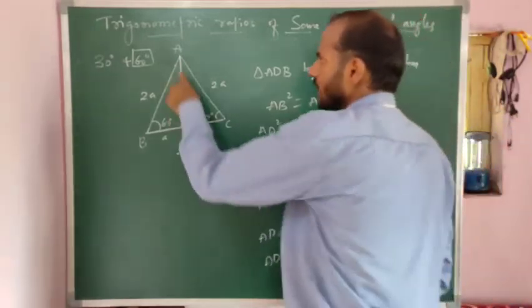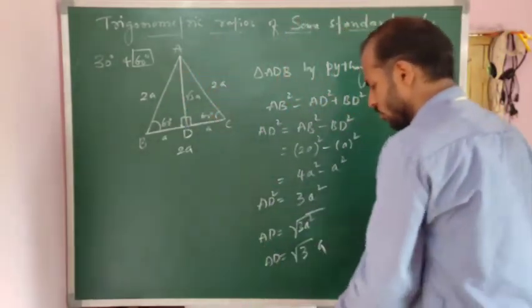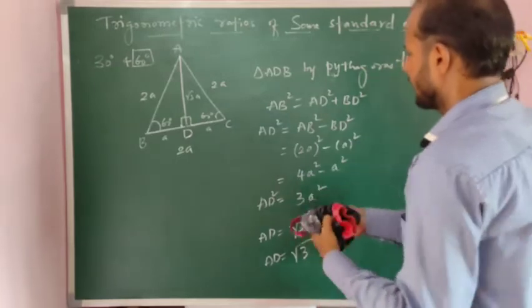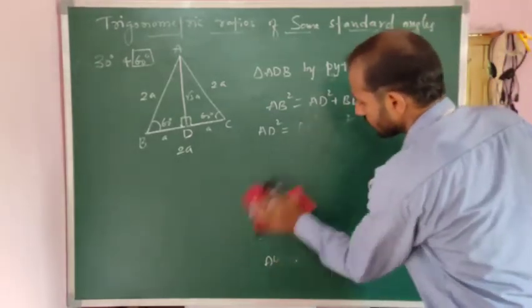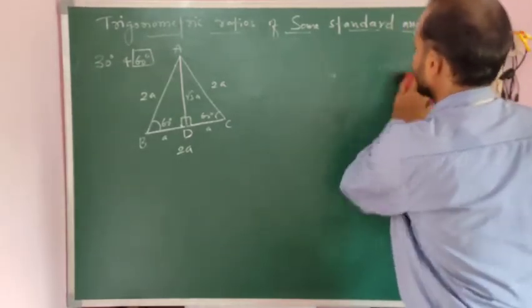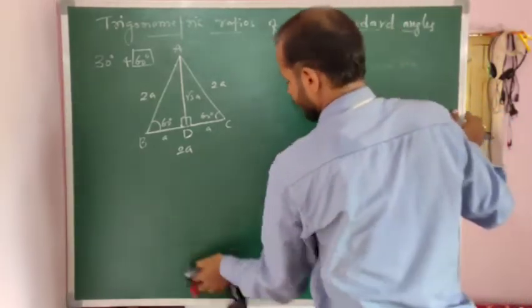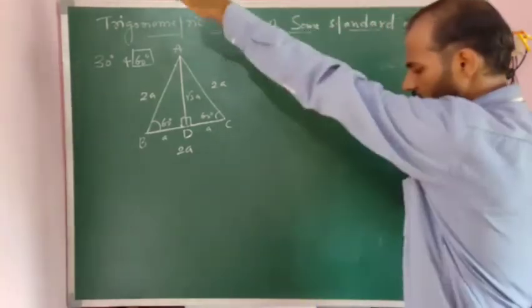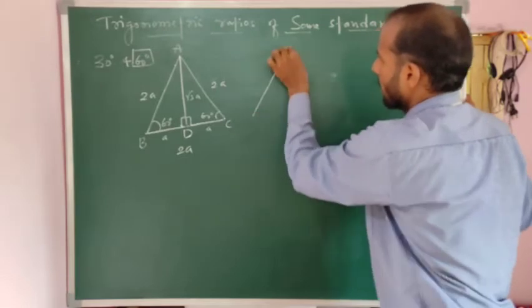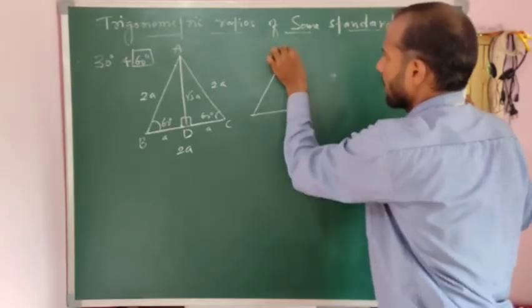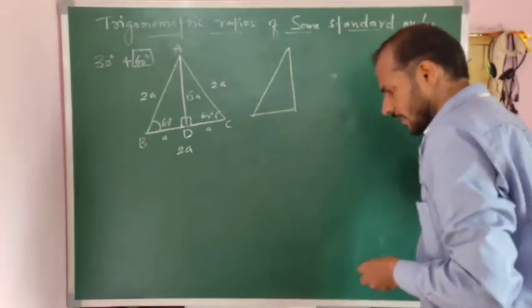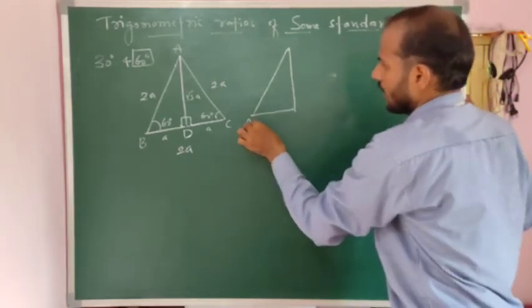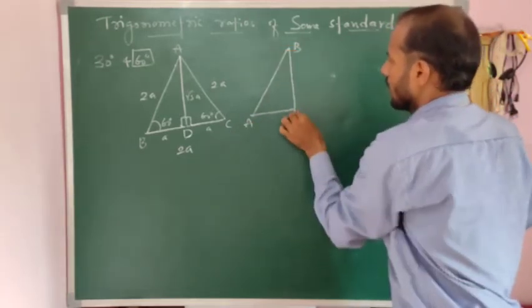Now we take the triangle ADB separately to find the angle 60 degree, right? Let us consider triangle ABD.